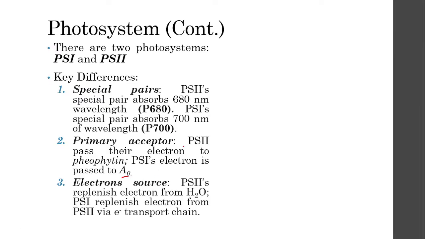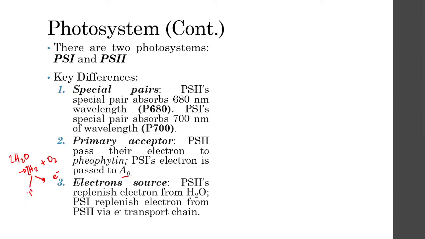So again, when the reaction centers from PS2 and PS1 donate their electron, they're basically missing an electron. PS2 replenishes the electron from splitting H2O. Again, remember, when we split H2O, not only are we splitting it into H2 and O2, but we are also splitting the H into its electron component and its proton component.